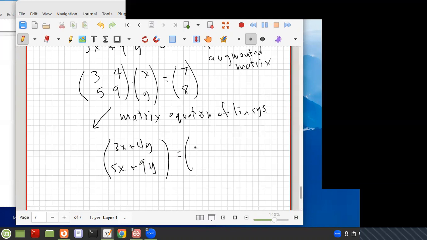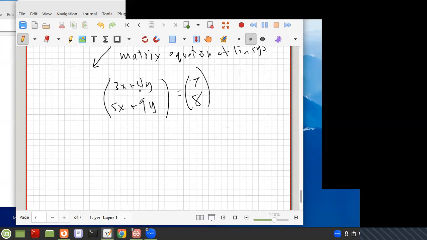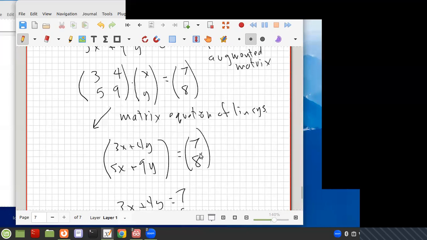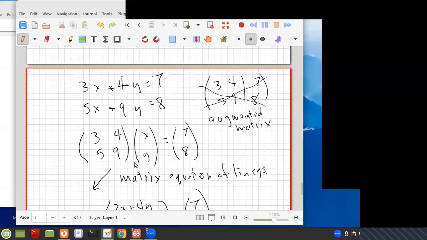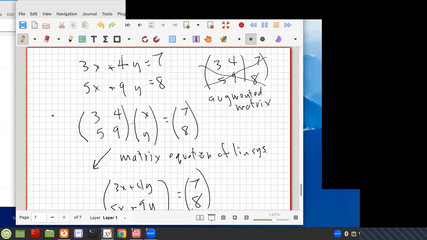And if that equals 7 and 8, these two vectors are equal exactly when this entry equals this entry and this entry equals this entry. Well, those two equations are 3x plus 4y equals 7 and 5x plus 9y equals 8. So they're the same thing. You have a linear system as a list of equations, and the equivalent linear system as a matrix equation.